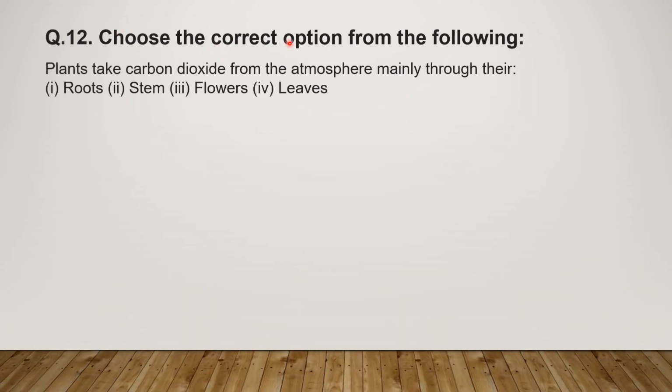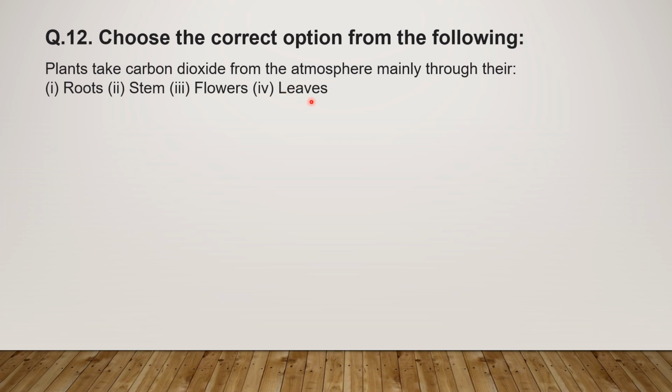Plants take carbon dioxide from the atmosphere mainly through their roots, stem, flowers, leaves. Can you tell? Yes, the answer is leaves.